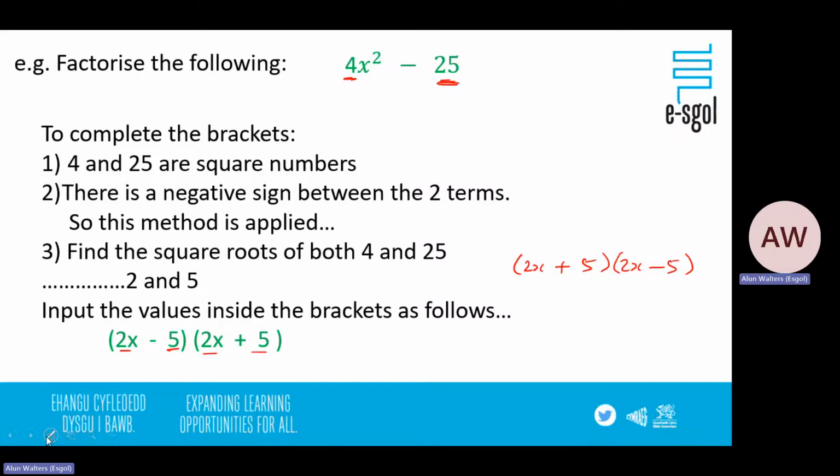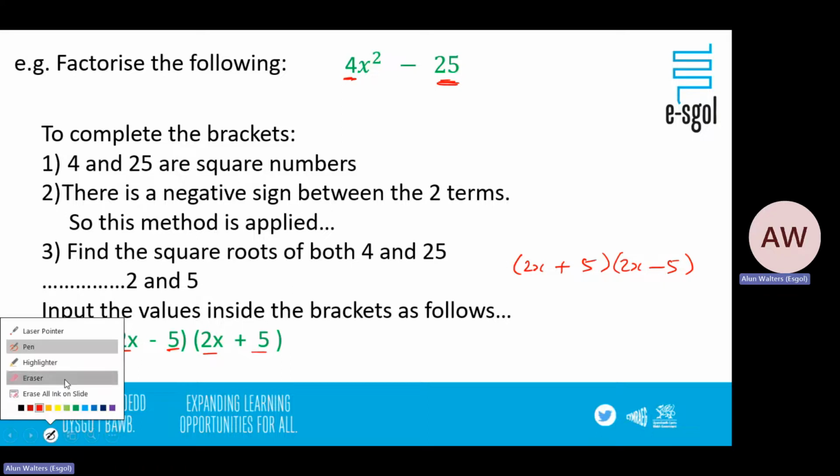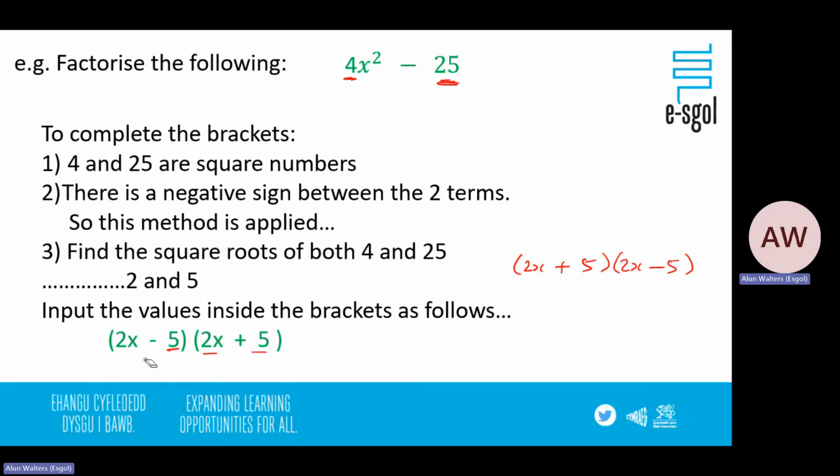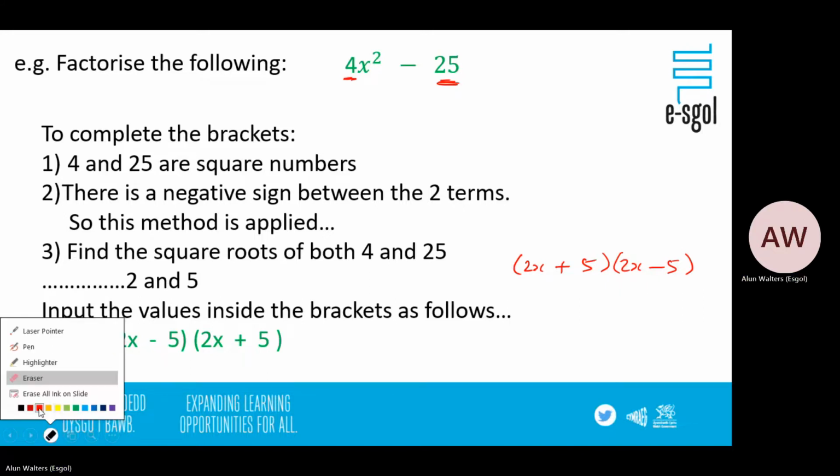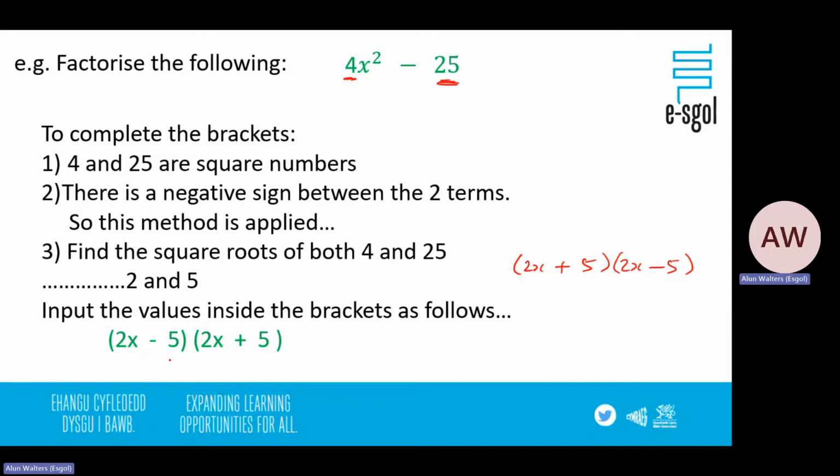Now if you multiply these out, I just want to show you, the middle two terms would disappear. So you end up with 2x times 2x is 4x squared. 2x times plus 5 is plus 10x.